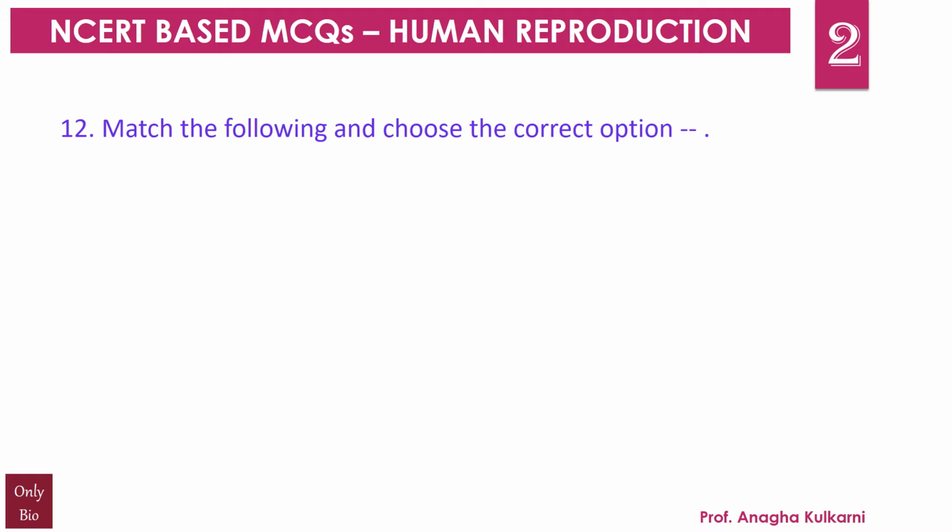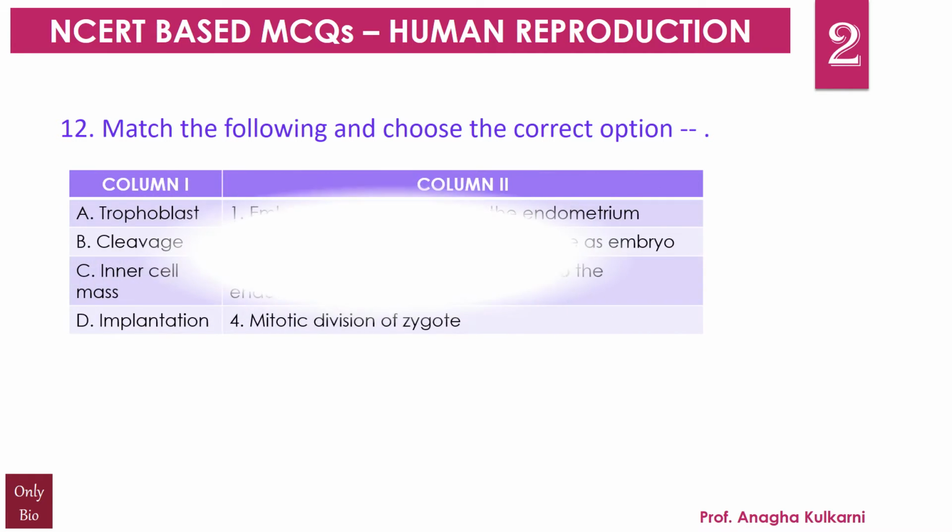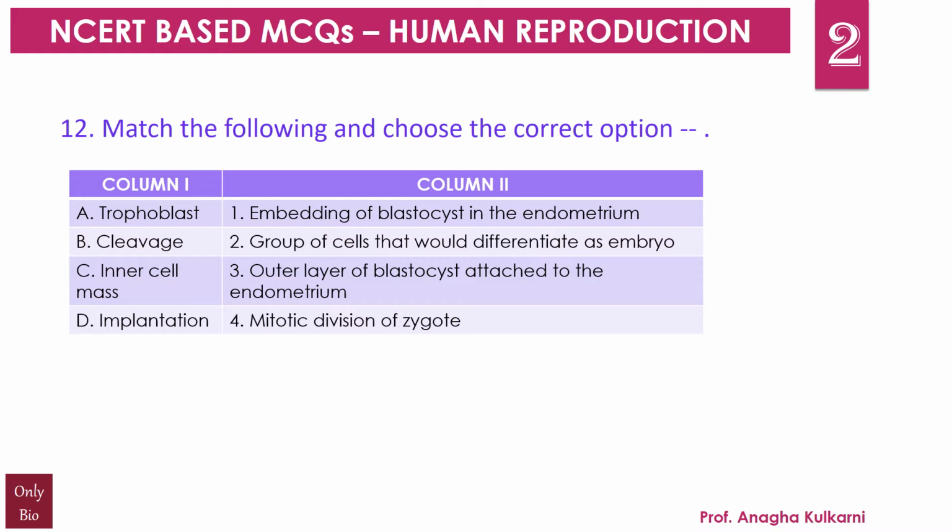Question number 12. Match the following and choose the correct option. We have two columns. In column 1, we have A as trophoblast, B as cleavage, C as inner cell mass and D as implantation.